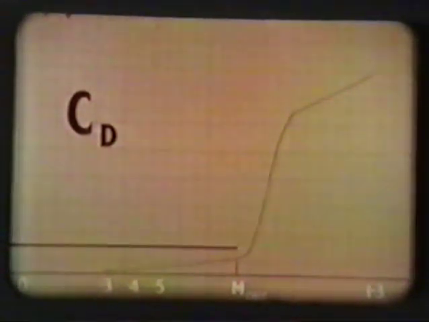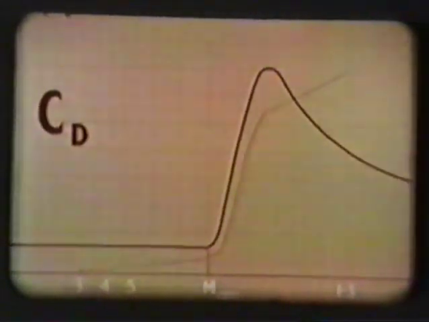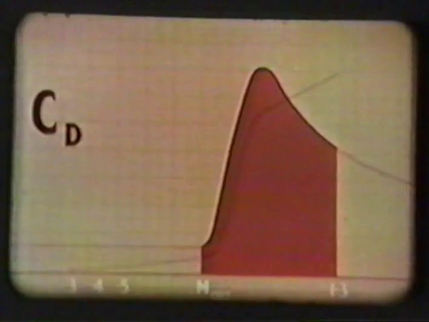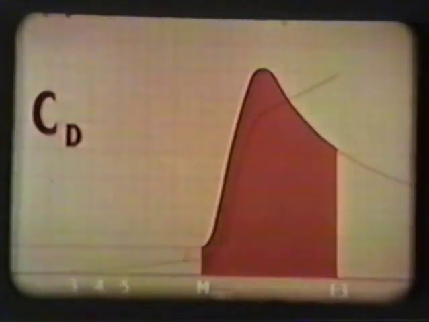At low Mach numbers, the drag coefficient at a constant angle of incidence doesn't change. But above M crit, this happens. This is the transonic range, and the sound barrier is simply the peak in the drag coefficient, somewhere around Mach 1.